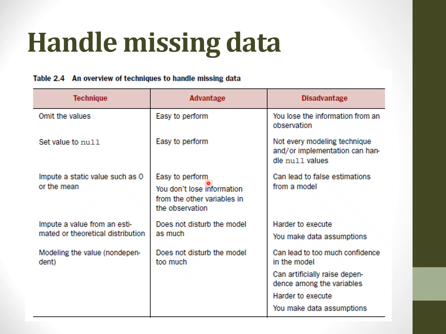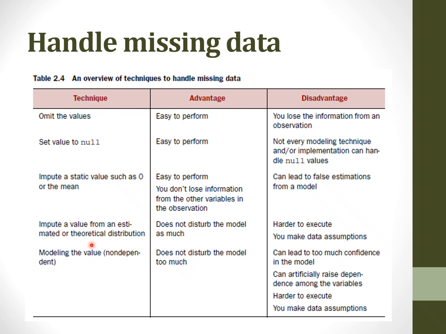This is also easy to perform. By doing this, we will not lose any information. That is an important advantage of this category. However, it might lead to some false estimations if we use any ML or DL based techniques.